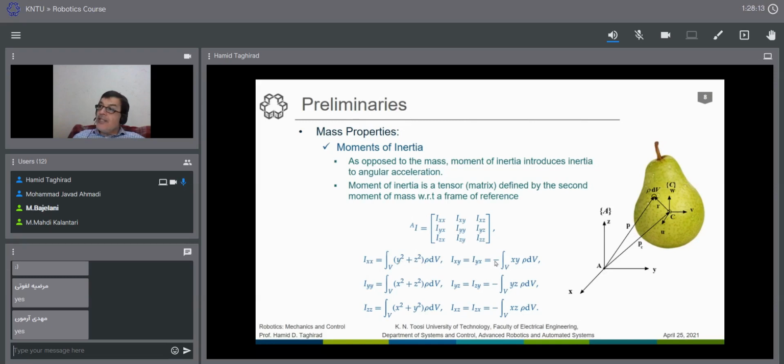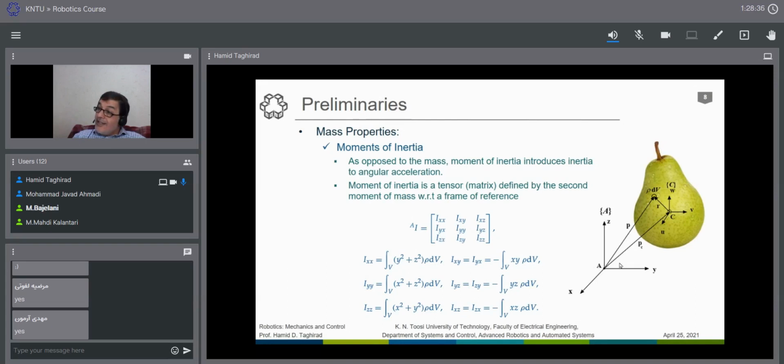It says: what is the radius of this point with respect to the x axis? If you consider the x axis through the center of mass, find the radius. The radius squared of this point is r².